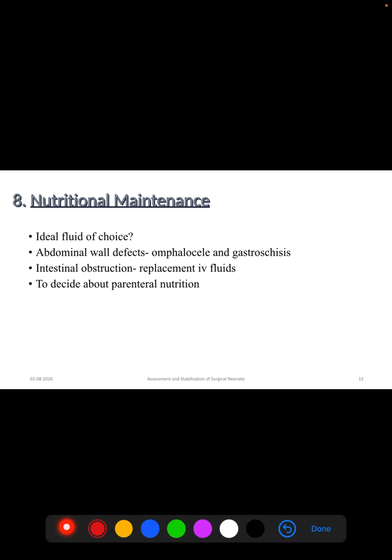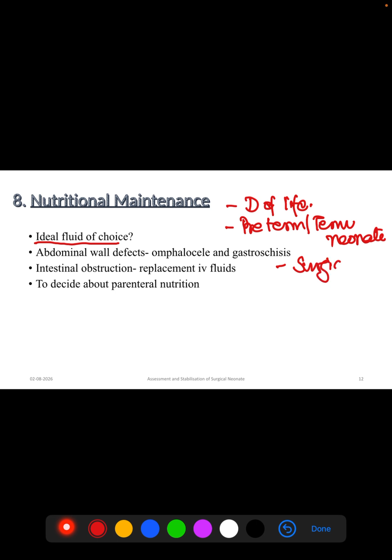We have to decide what is the ideal fluid of choice, and that depends upon which day of life it is, whether it is a preterm or a term child, term neonate, sorry. Then we have to also assess which surgical condition the baby is having, whether there is an associated with more losses, then we have to adjust, we have to correct.